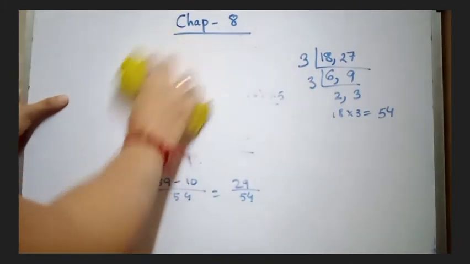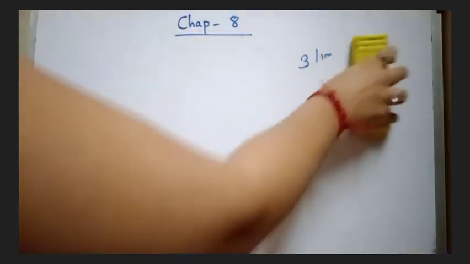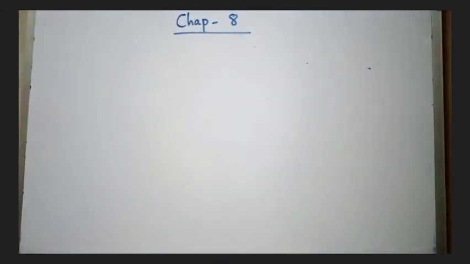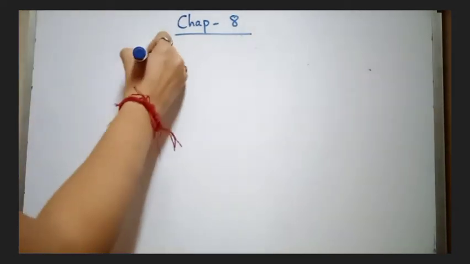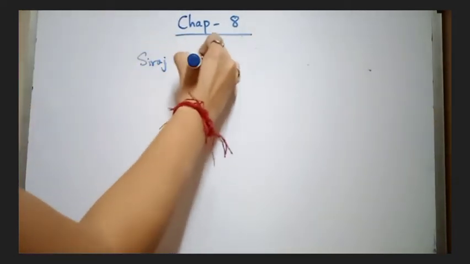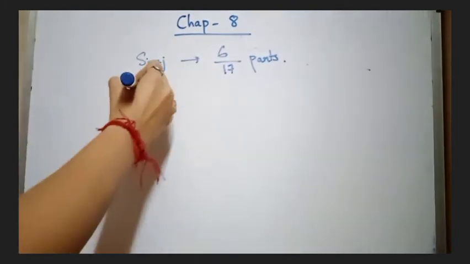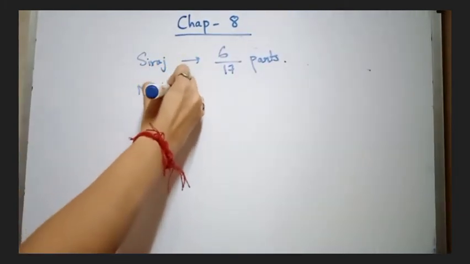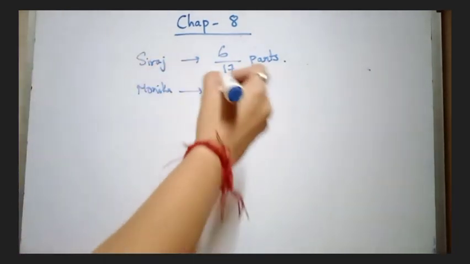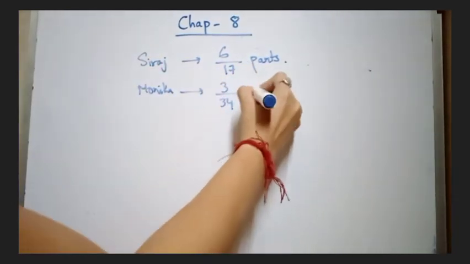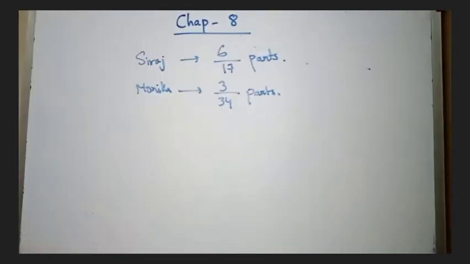So Monica and Siraj both have planted some trees. Siraj has planted in 6 by 17 parts, and Monica has planted in 3 by 34 parts. Now what we have to do is find which fraction is the larger one.